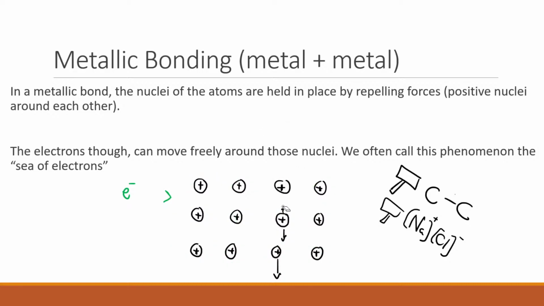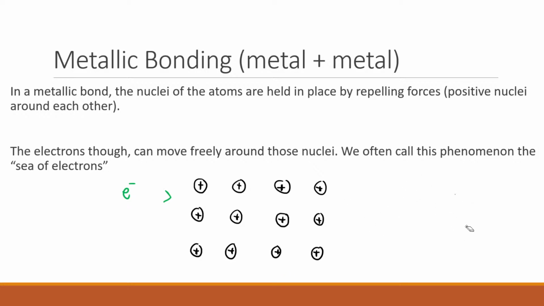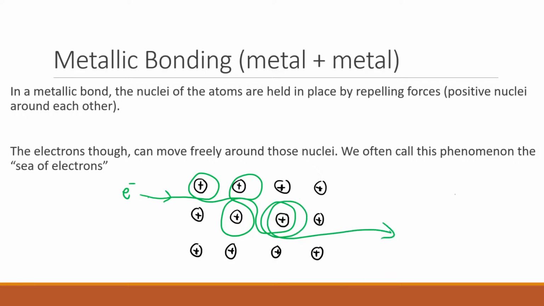Why does this phenomenon make metals good conductors of electricity? Well, for that to be defined, we need to talk about what electricity is. Electricity is moving electrons. Electrons going from point A to point B. Since there's no defined path for the electrons here, I can have the electrons take this path through the metal.